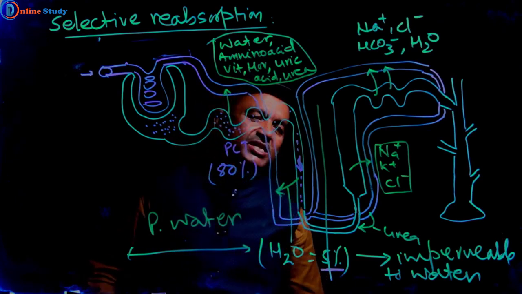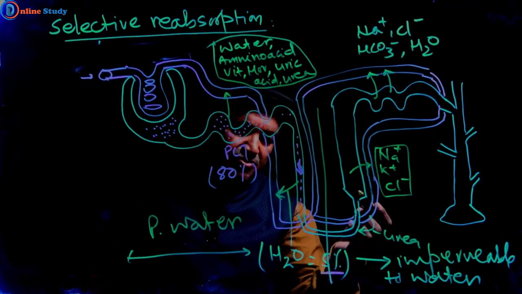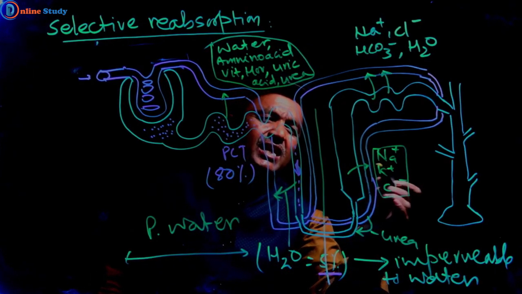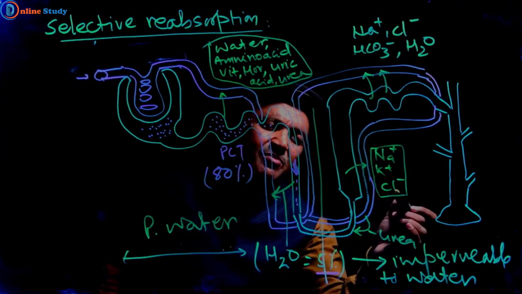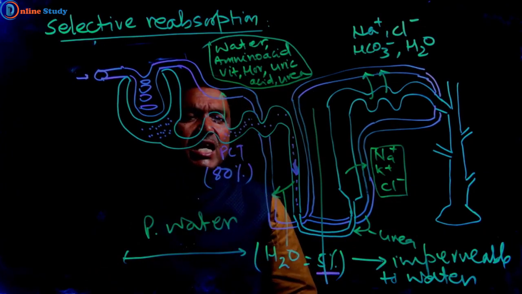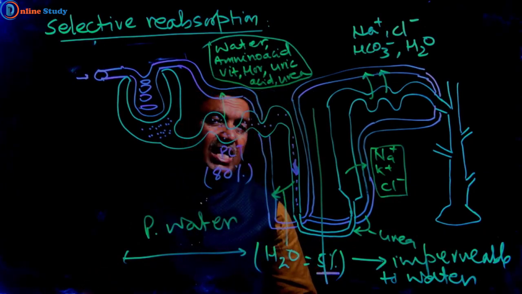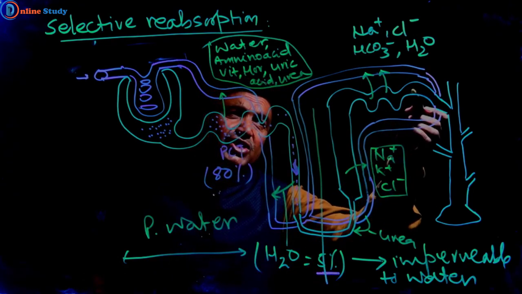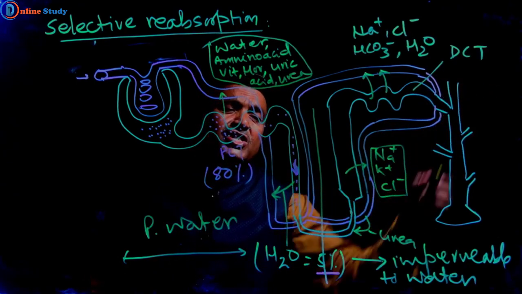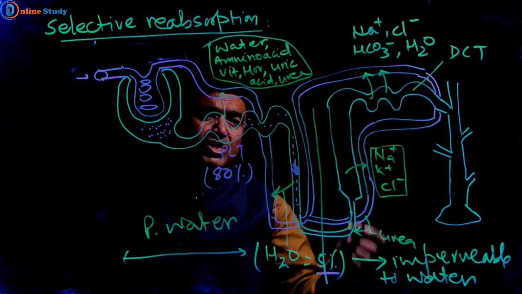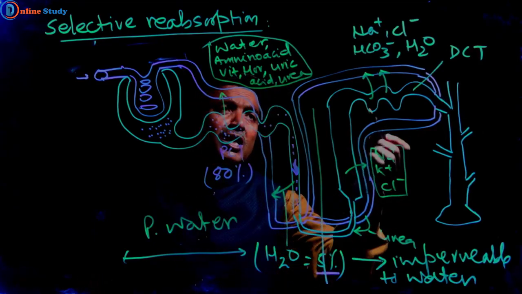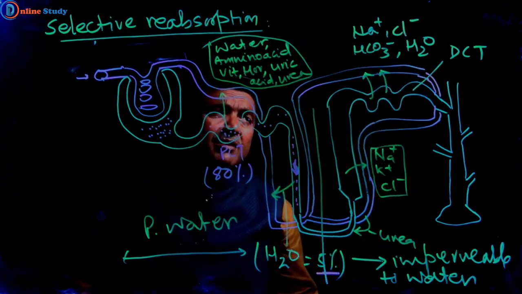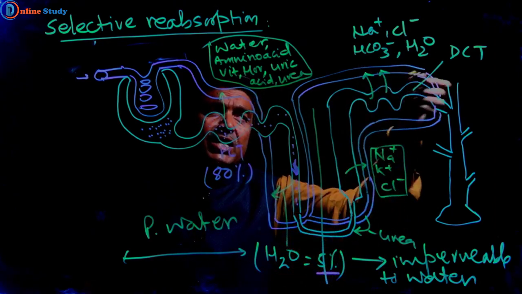From the ascending limb of the loop of Henle, sodium ion, potassium ion, and chloride ion are reabsorbed. Again, this structure is the DCT, distal convoluted tubule. From the distal convoluted tubule, sodium ion, chloride ion, bicarbonate ion, and water are reabsorbed.